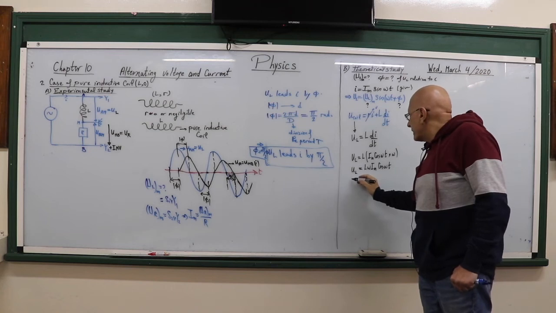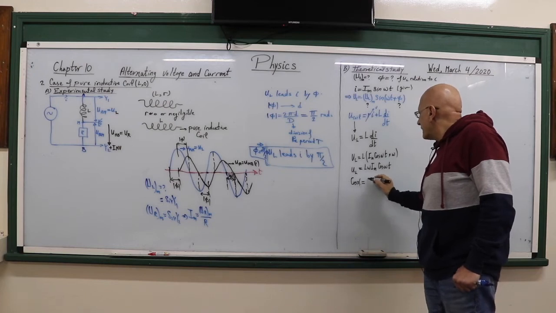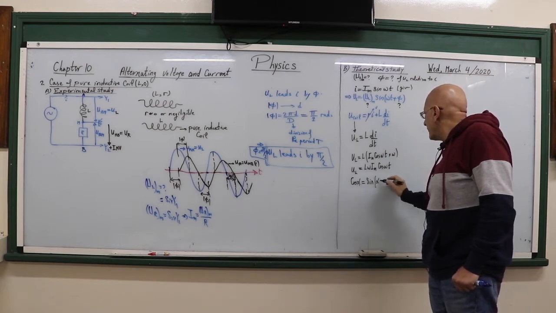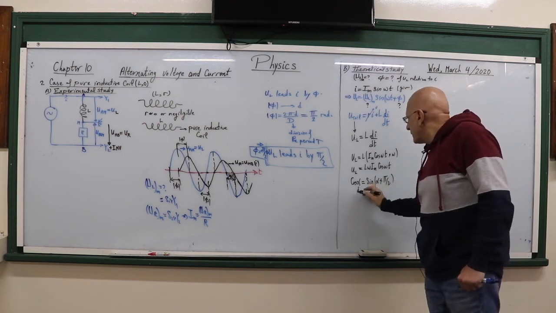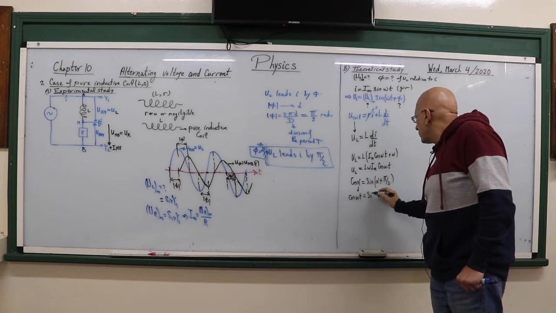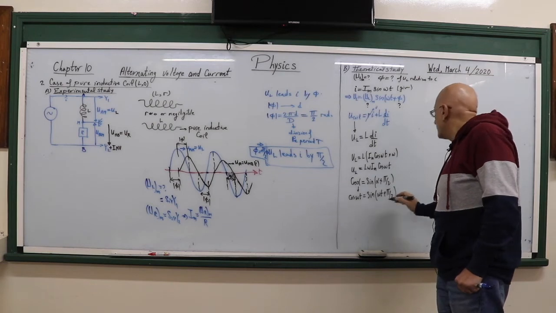So using the trigonometric relation, cosine alpha equals sine of alpha plus pi over 2, where alpha equals omega t, you will get omega t plus pi over 2.